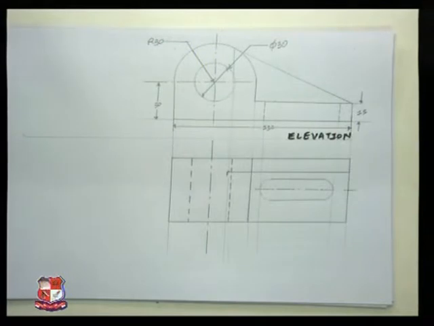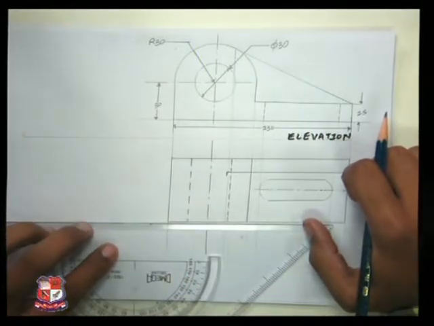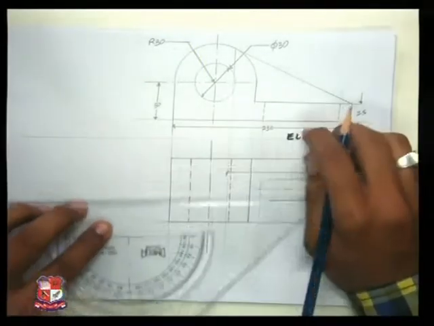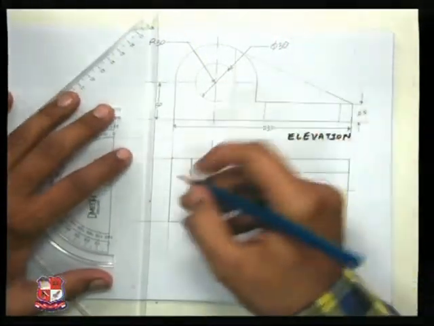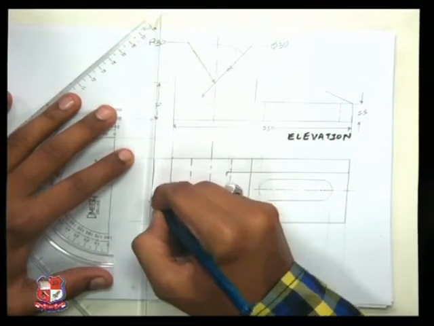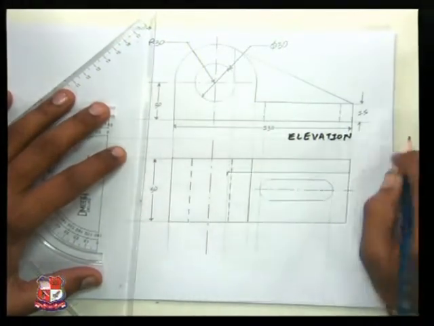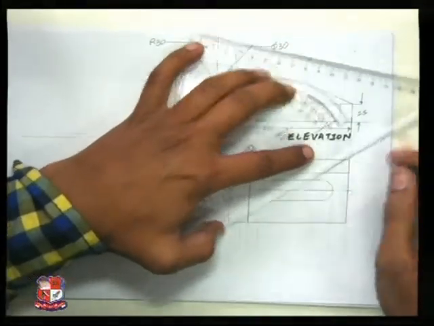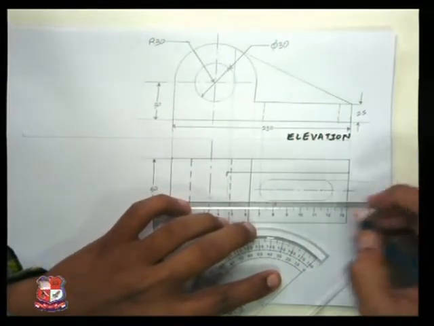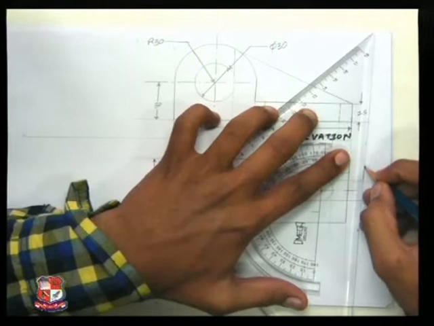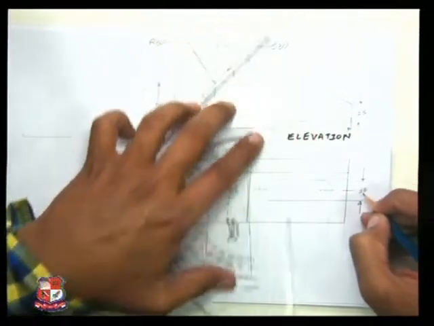Now we should give the remaining dimensions. We don't have this height of 50 mm. We don't have this total thickness of 15 mm.